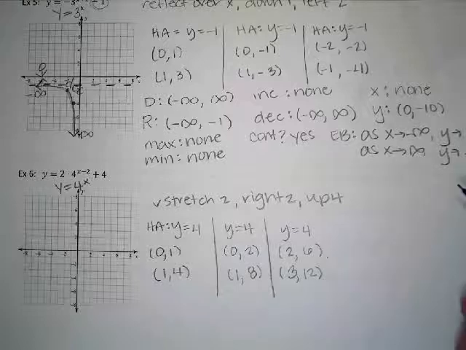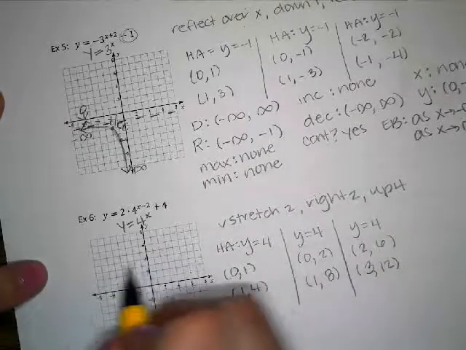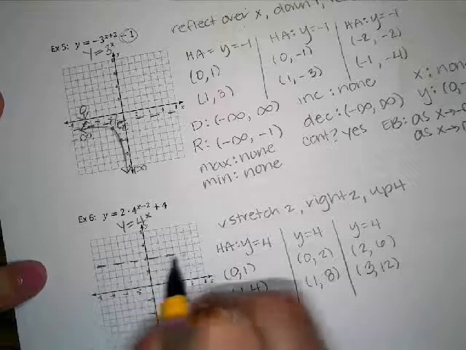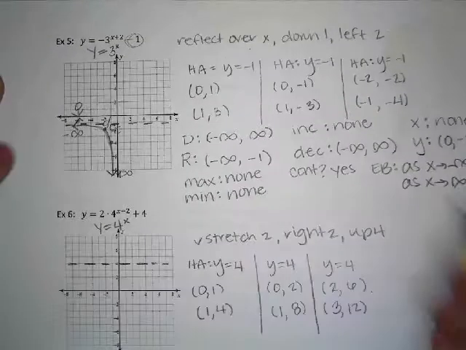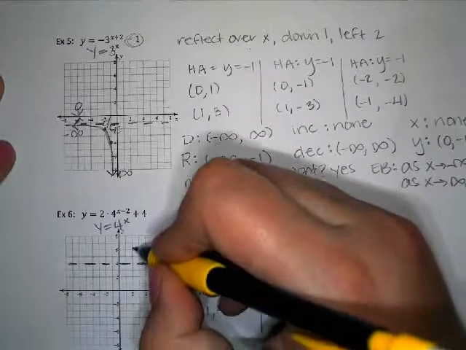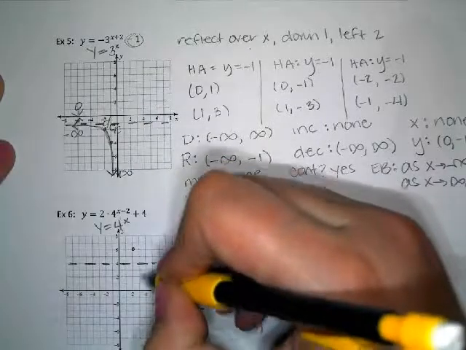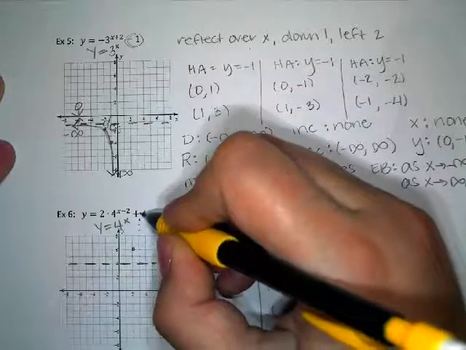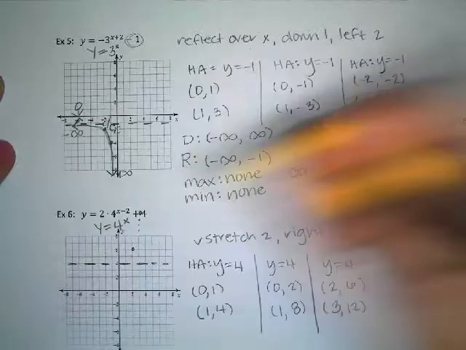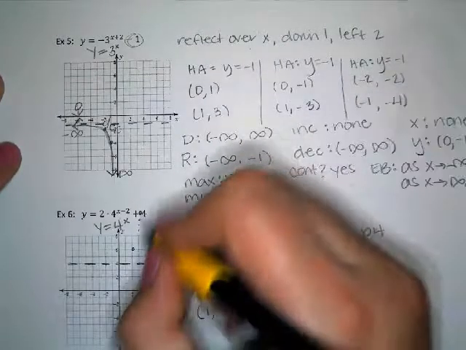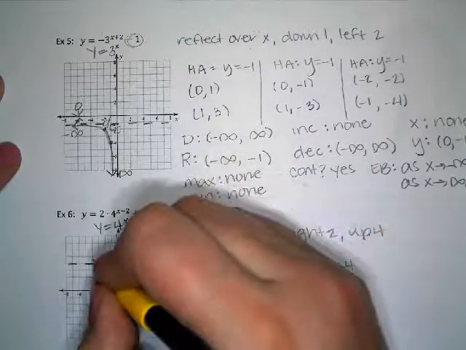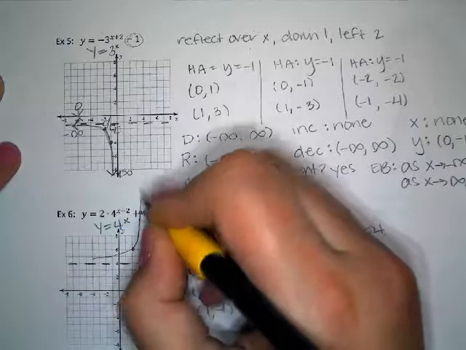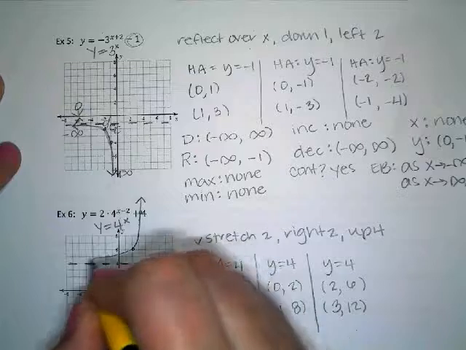Miss Rice. So 2, 6, 3, 8, 9, 10, 11, 12.